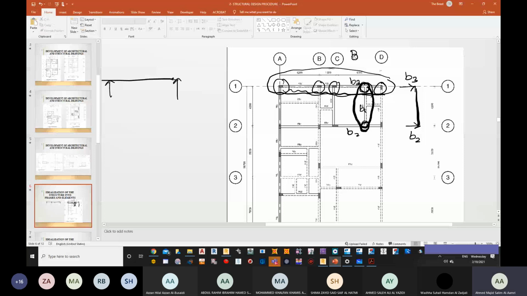Now, can we try to do the idealization for this slab? Can we try to draw the idealization for this slab? Or let's have it somewhere else. Let's have this particular slide. Now I want to draw the bending moment for this slab. Can you tell me how you would do it?